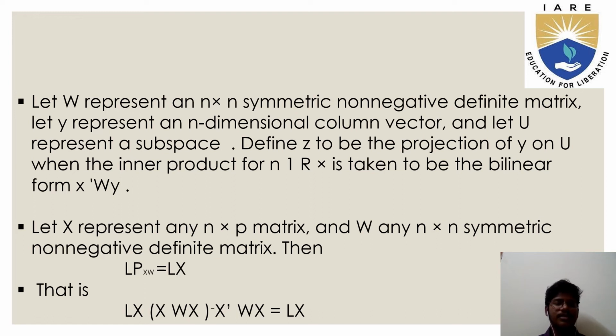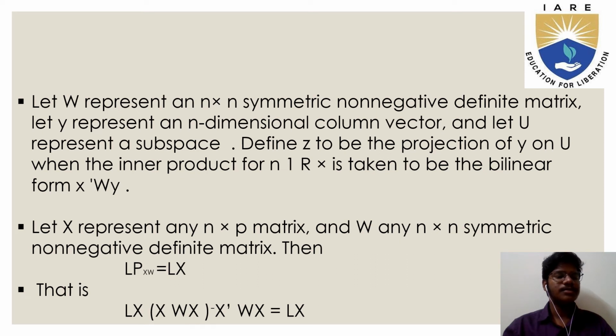Define Z to be the projection of Y on U when the inner product for R^n is taken to be the bilinear form X inverse WY. For the symmetric non-negative definite matrix, the set of eigenvalues of AT and the set of eigenvalues of TA are equal.